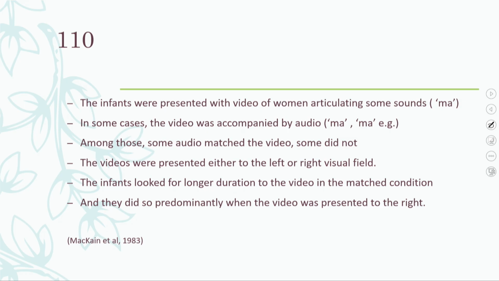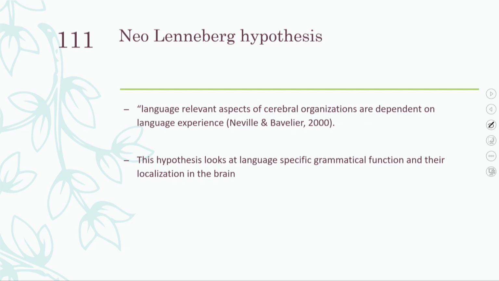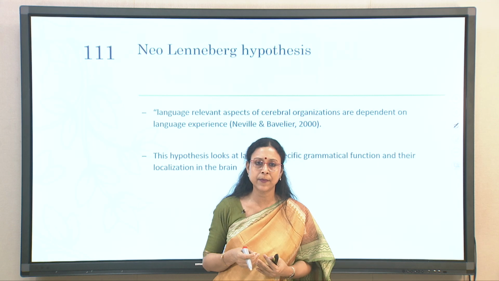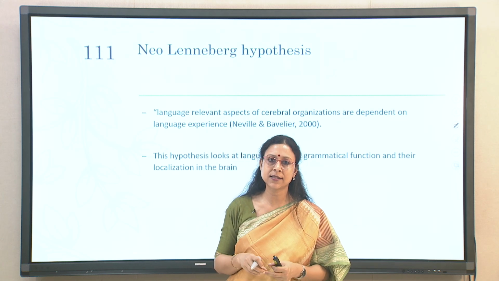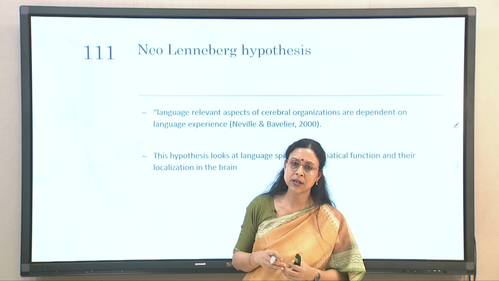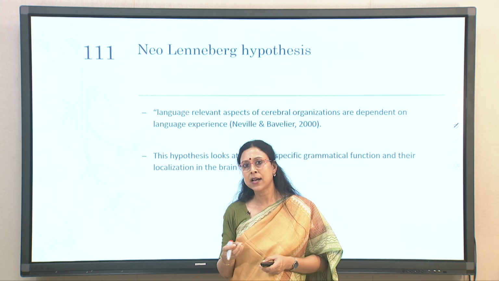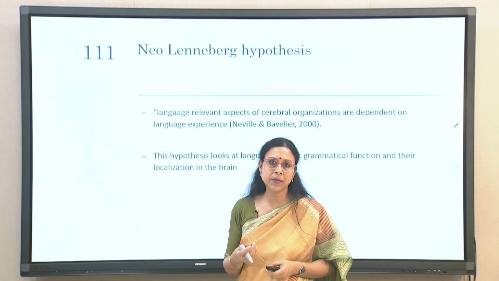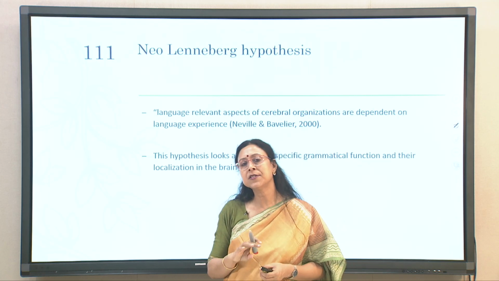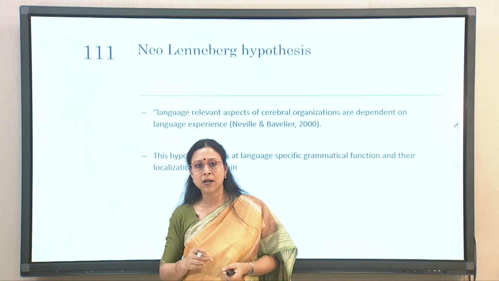So, very small children also show left hemisphere dominance in processing language, hence Lenneberg's theory may not be tenable. Over a period of time, a lot of such studies have been carried out, and adequate evidence has shown that the equipotentiality hypothesis is not tenable. Now, we have something called the neo-Lenneberg hypothesis, which is a softer version of the same theory.